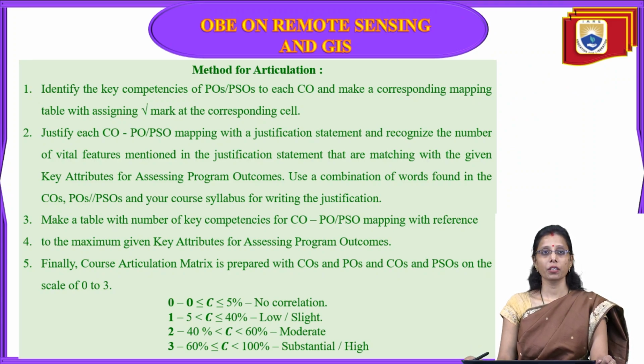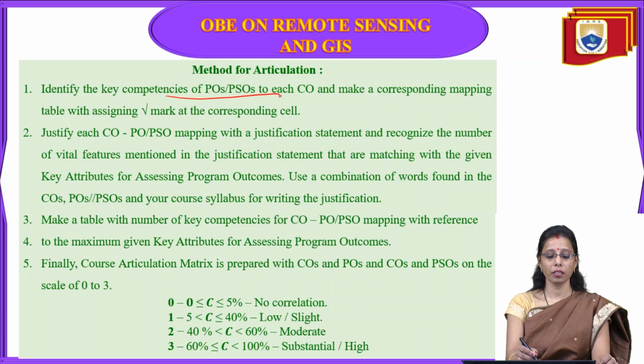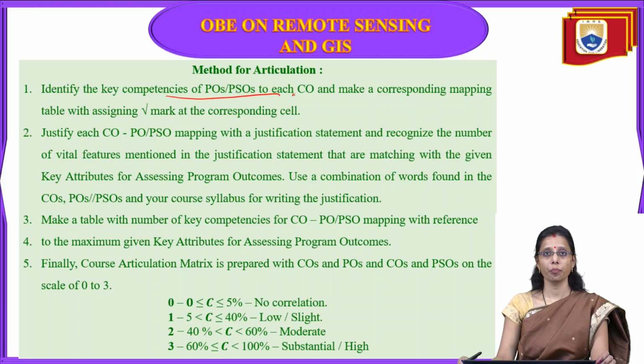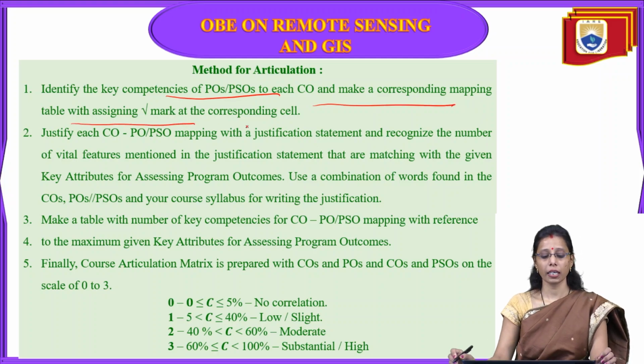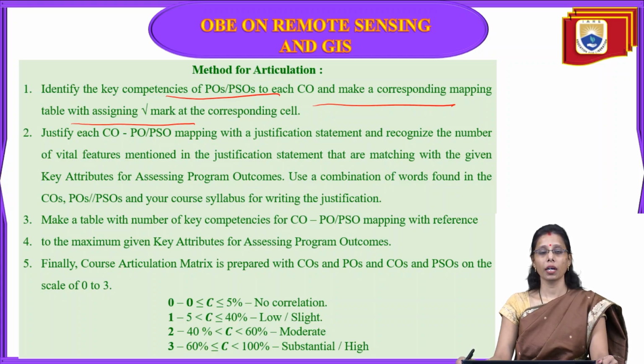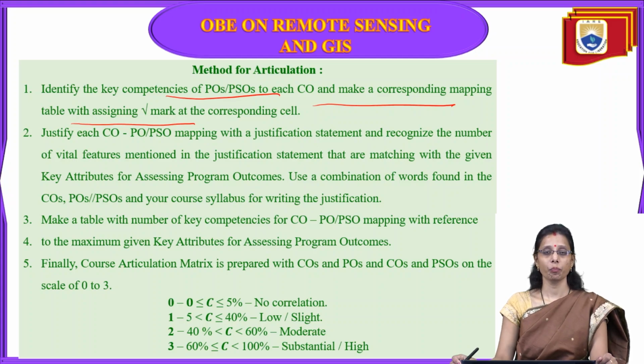Now coming to the methods of articulation. The method for articulation is to identify the key competencies of POs and PSOs for each CO and make a corresponding mapping table, assigning a tick mark in the corresponding cell. So when you are mapping how the articulation is done for the course, we have to identify the key competencies.